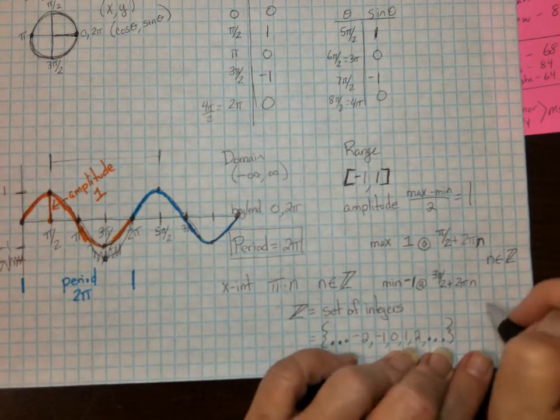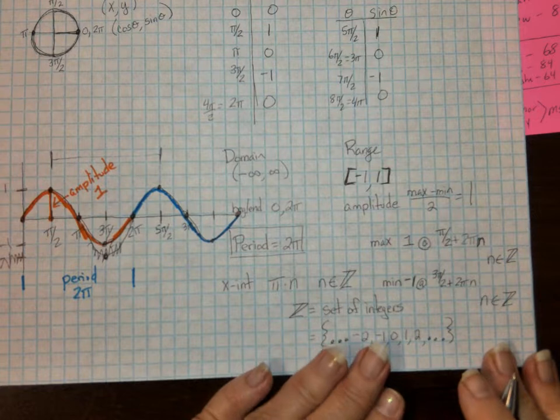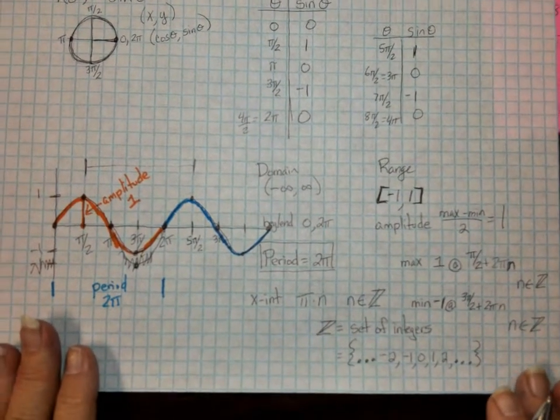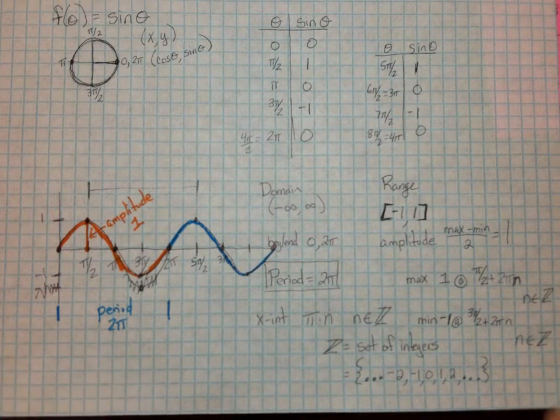Plus 2 pi n, where n is an element of the integers. Alright, so there is everything about your sine theta graph. If you have any questions about that, type them in the chat or turn on your microphone and ask.